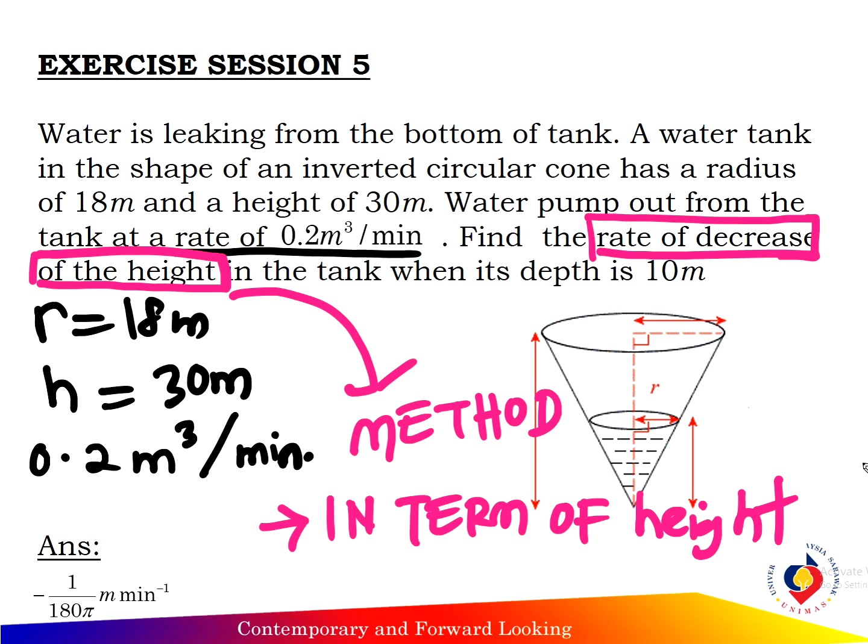You write down the method in terms of the height, and for the rate of decrease, the sign of the rate of decrease equals negative. Yeah, you check the sign. Okay, step by step. First step.